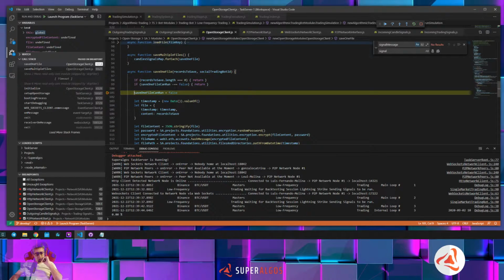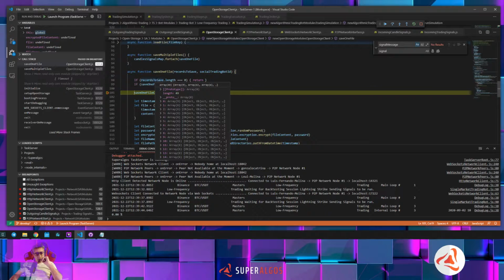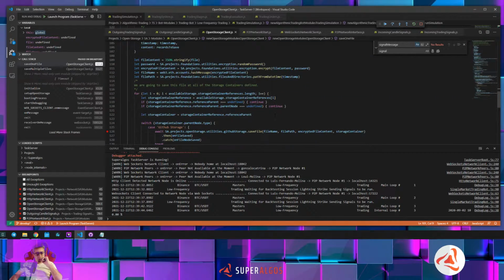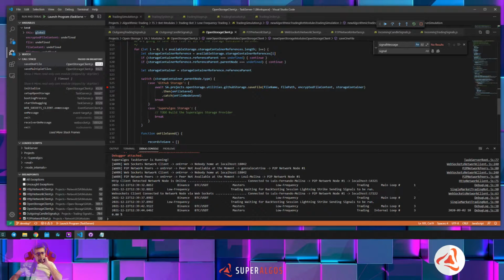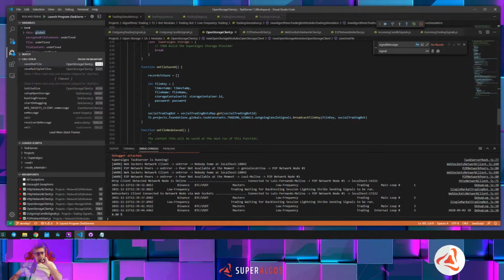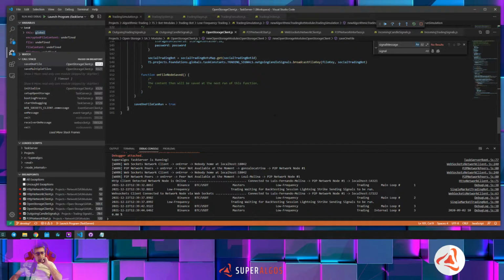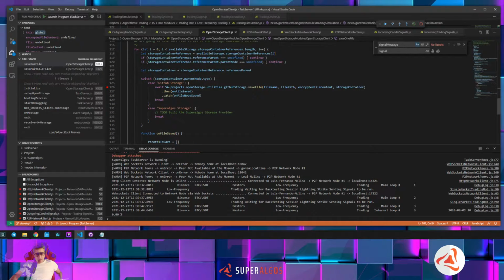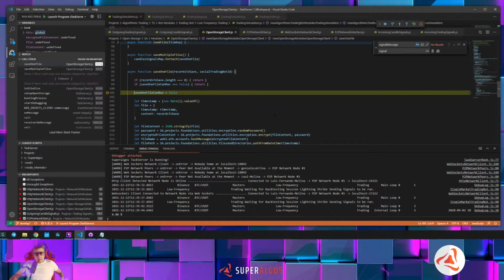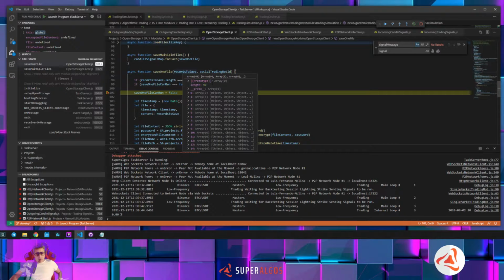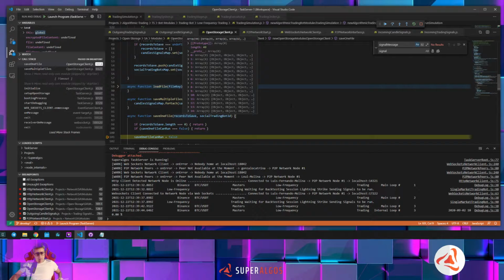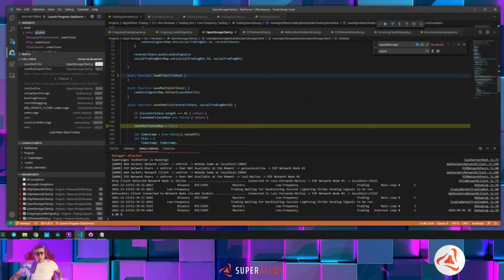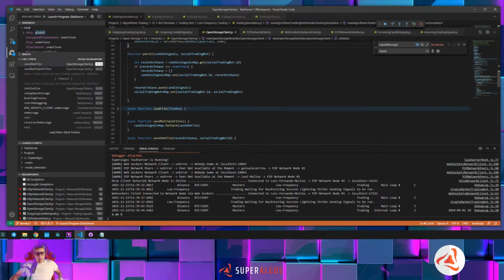So something is strange here because I haven't cleared these records to save. Where am I supposed to clear that stuff? Record to save. Where does this come from? Persist.